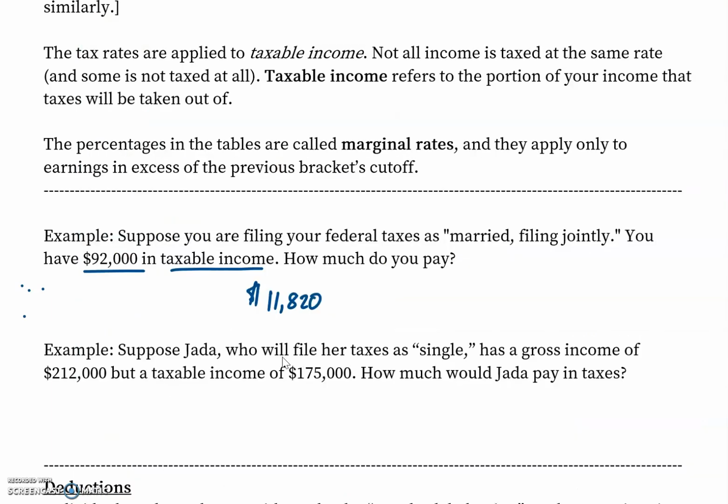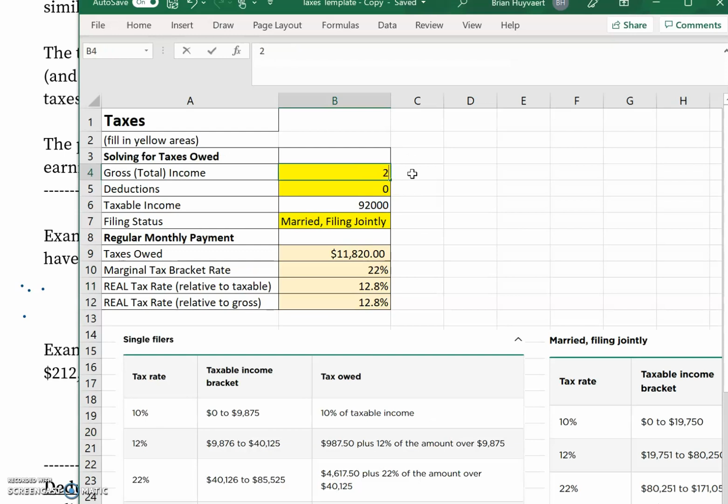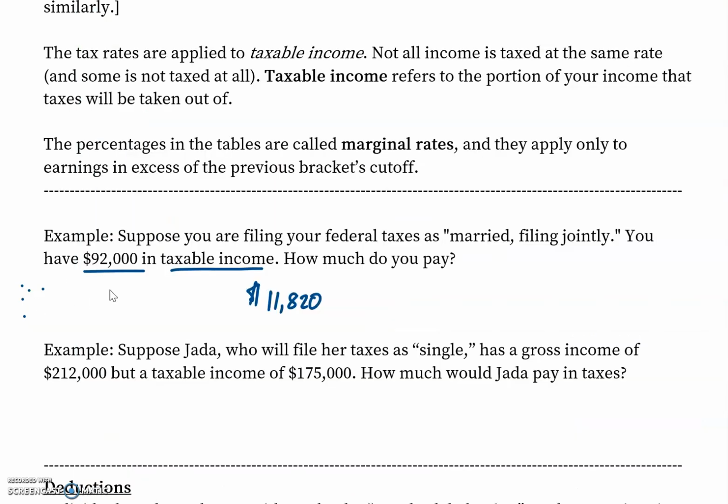Suppose Jada, who's going to file her taxes as single, has a gross income of 212,000. So let's start with that. She's filing as single. Before deductions, it looks like she's going to be in the 35% bracket, but okay.